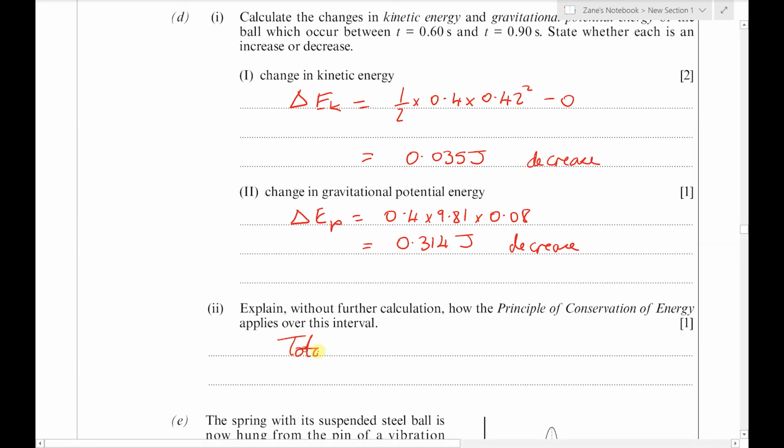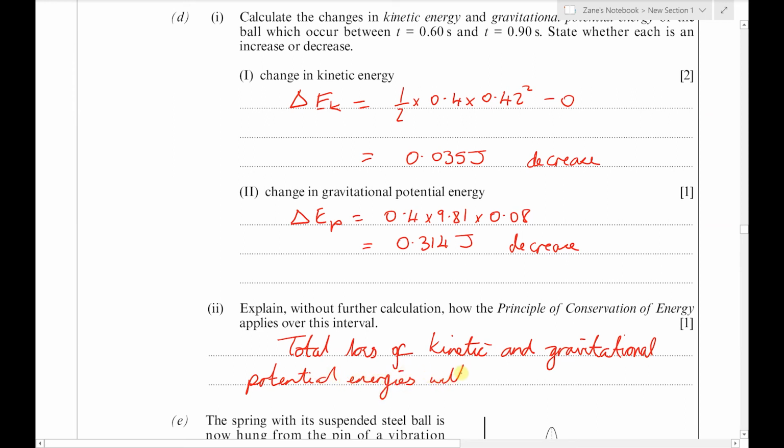So what we're going to say here is something like the total loss of kinetic and gravitational potential energies will equal the gain in elastic PE. Just call it PE because I've run out of space there.